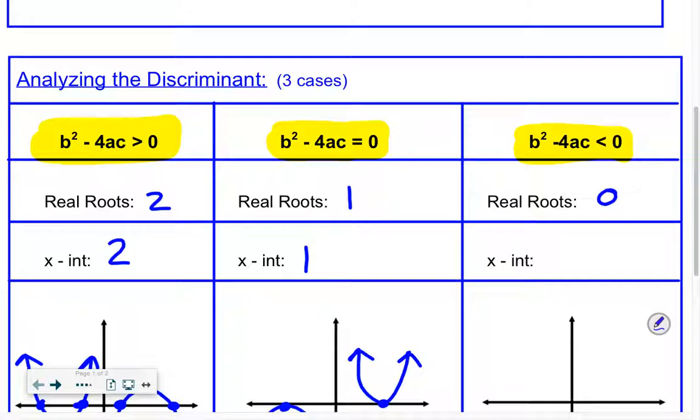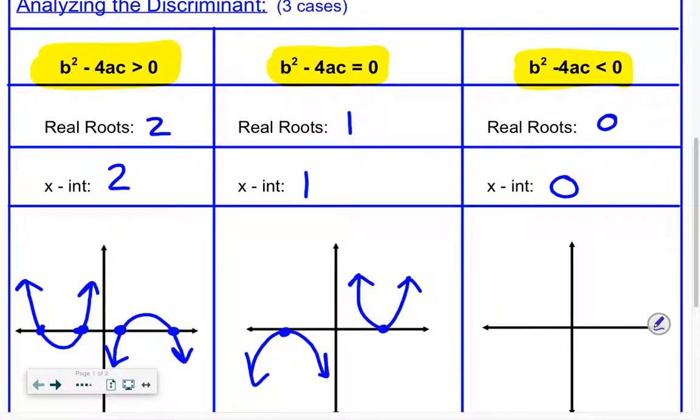0. How many x-intercepts are there going to be? 0. And the other thing I'd like you to add for this is the idea that we have 2 complex roots.